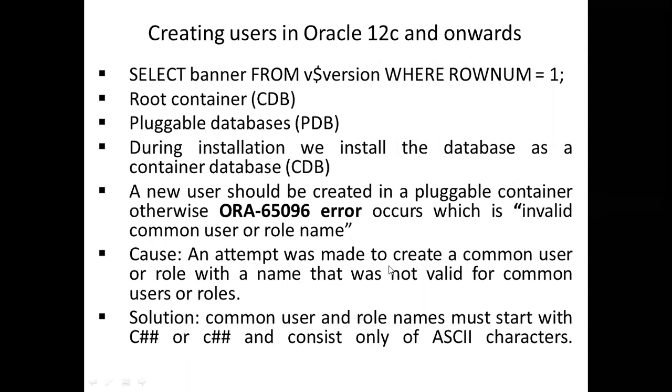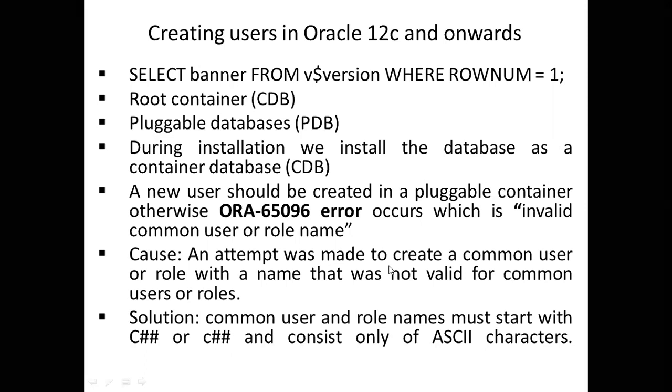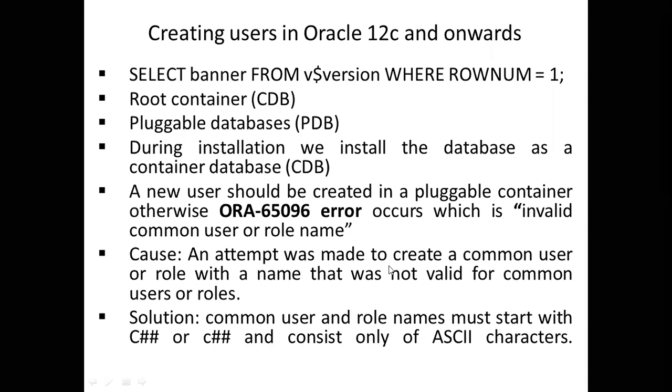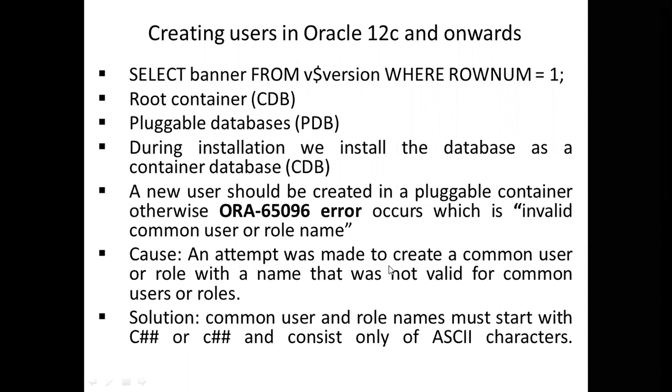And while we are creating a new user, it should be created in a pluggable container. If we don't create it in a pluggable container, then we have this error ORA-65096, which says invalid common user or role name. So what we are discussing here is that while we install Oracle 12c and onwards, the installation is done as a container database, as a CDB.